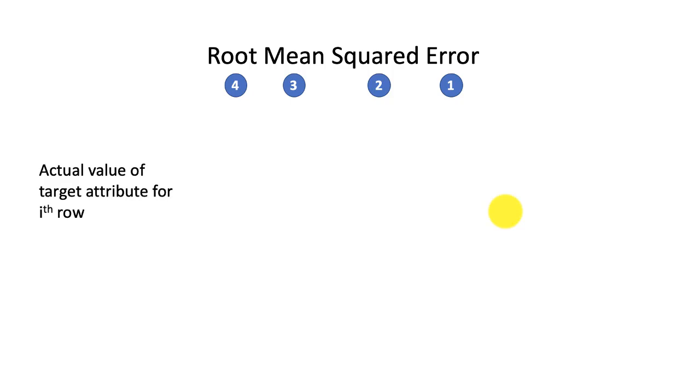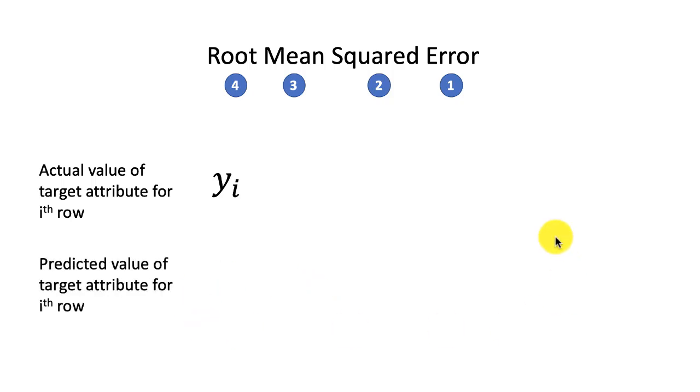And in the whole regression module, we'll be using particular notation. So for example, the actual value of the target attribute for the ith row, we'll represent as yi. So y1 is the actual value of the target attribute for the first row. y50 is going to be the actual value of the target attribute for the 50th row, and so on. And when we talk about the predicted values, we'll put a hat on top of the actual value notation, right?